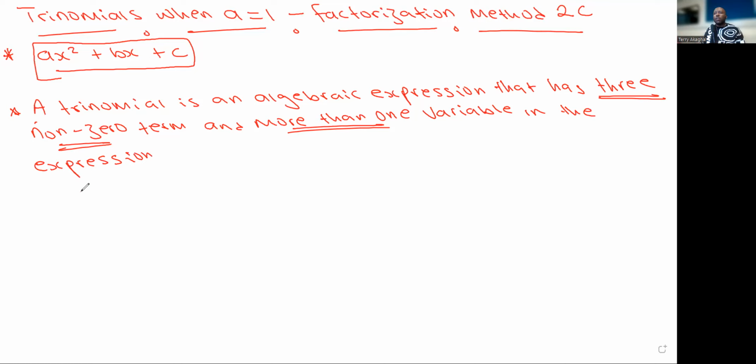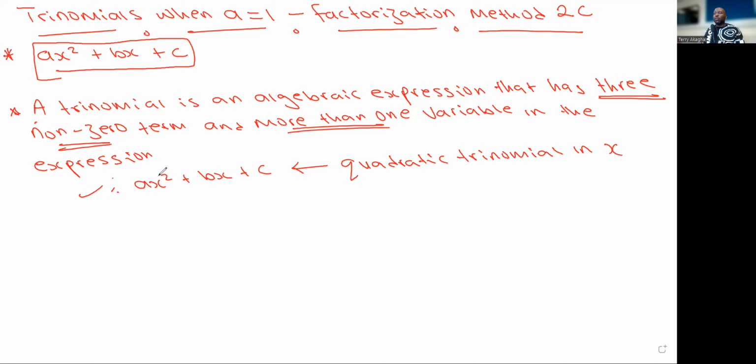So that means I can now say that ax squared plus bx plus c is going to be called a quadratic trinomial in x. Can you see? Because technically we have three terms there.